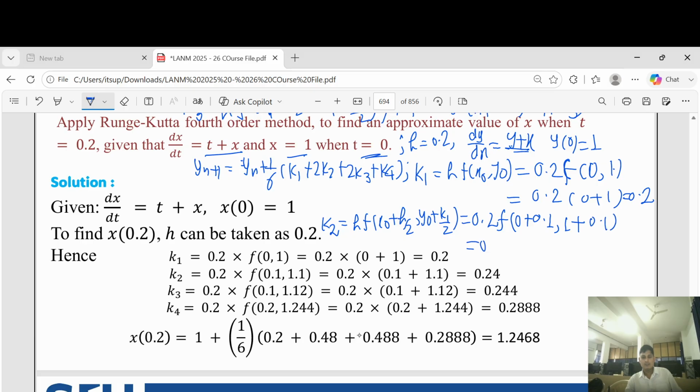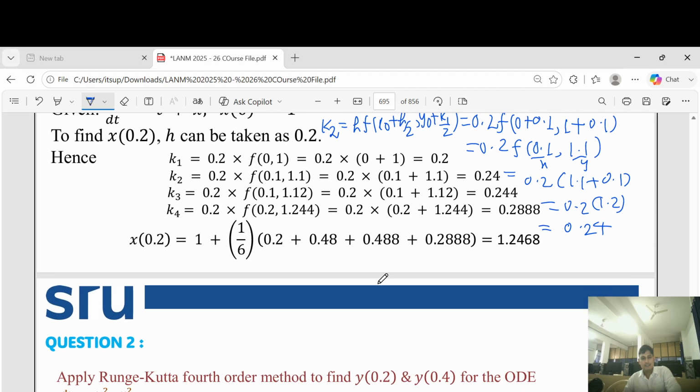So this is 0.2 times f of 0.1 comma 1.1. This value is x, this value is y. The function f of x comma y is y plus x. So y plus x means 1.1 plus 0.1, which is 1.2. So 0.2 times 1.2 is 0.24.